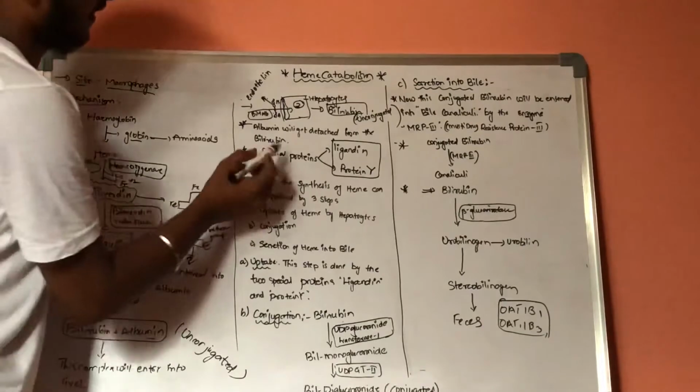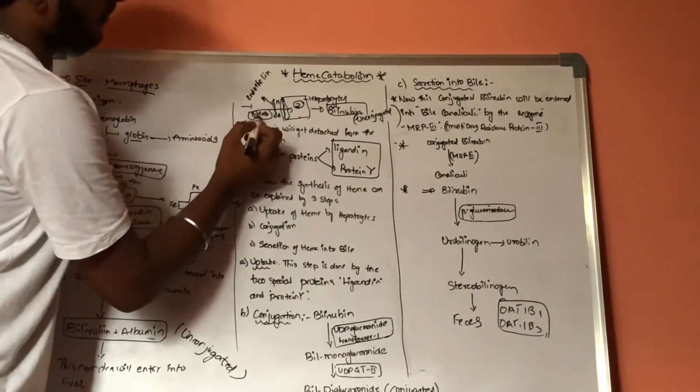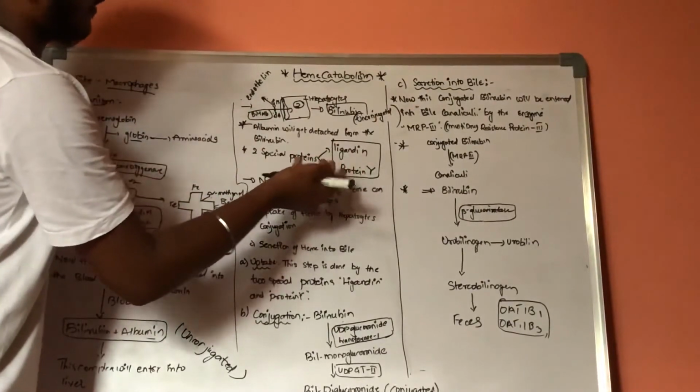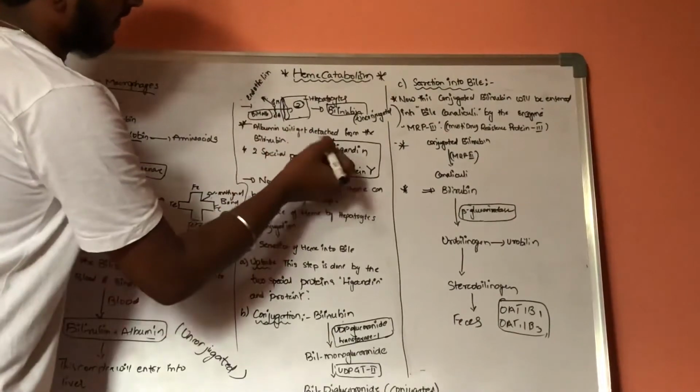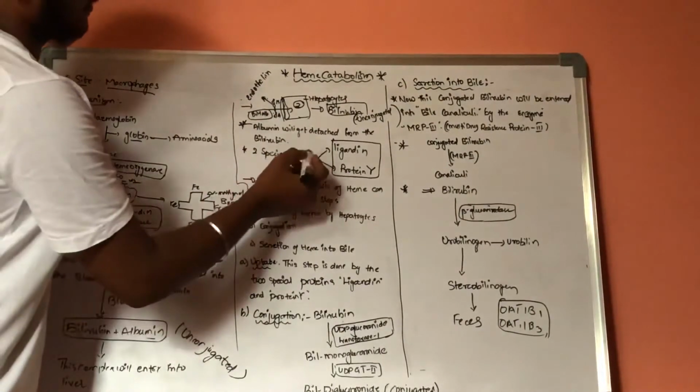Whenever the albumin and bilirubin enter the hepatocytes, they block the backward flow.